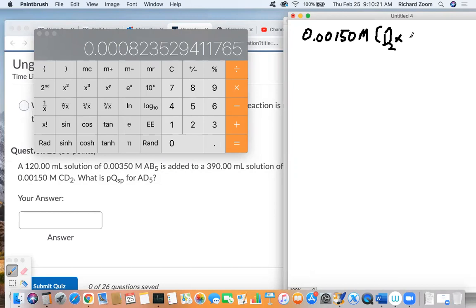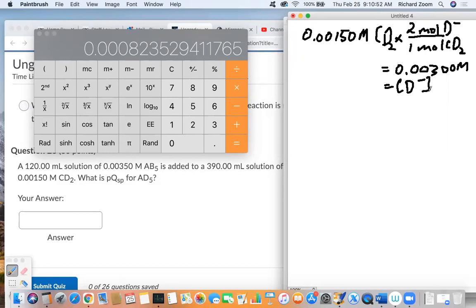And we're interested in, well, we see it's going to be 2 moles of D for every 1 mole of CD2, which is going to be 0.00300 molar. And that is D, which we'll make a D minus here. So that's initially the concentration.